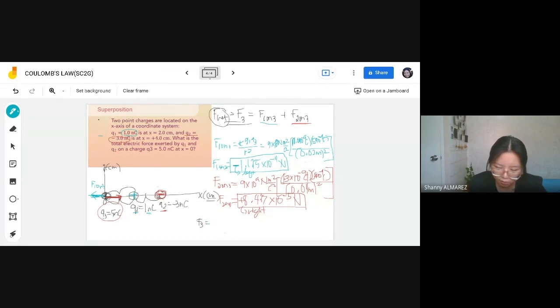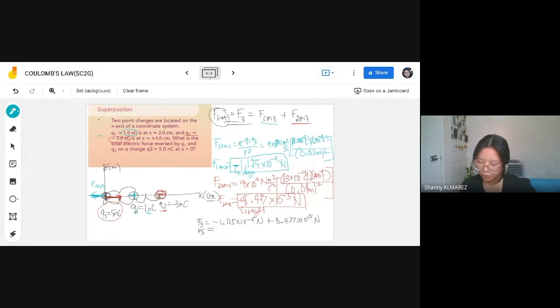negative 1.125 times 10 raised to negative 4 newtons plus 8.437 times 10 raised to negative 5 newtons. Therefore, F3 becomes, what is our final answer here?